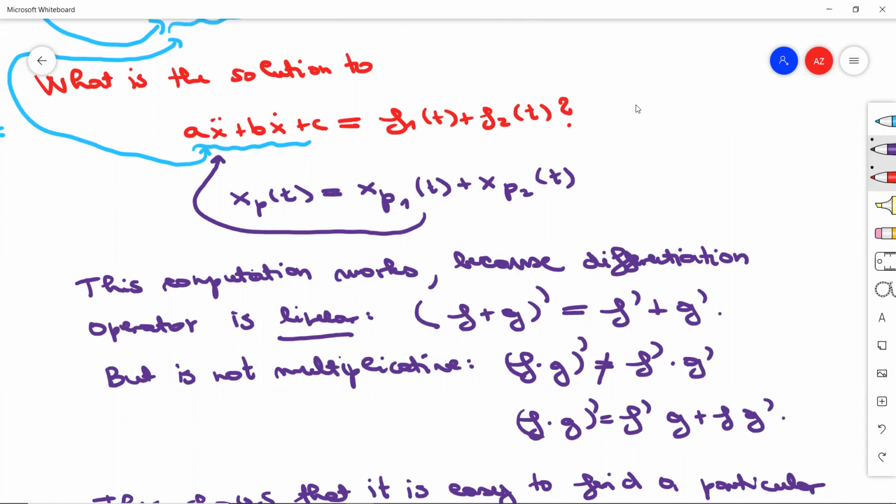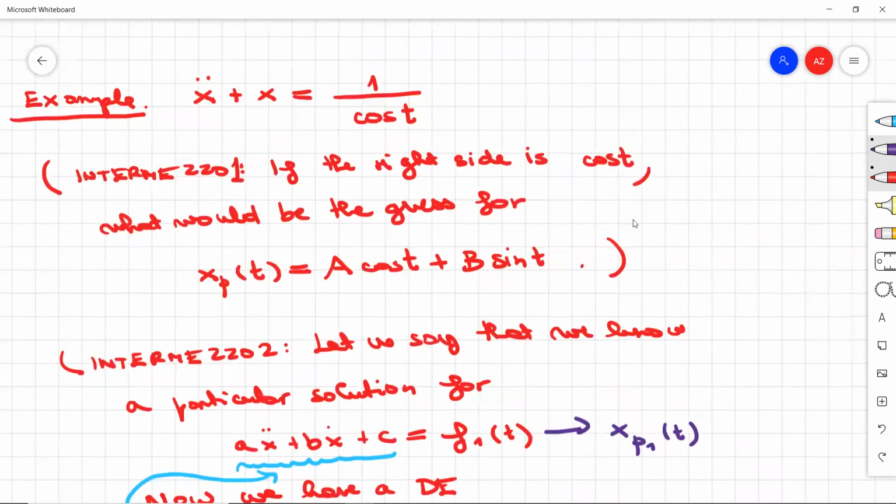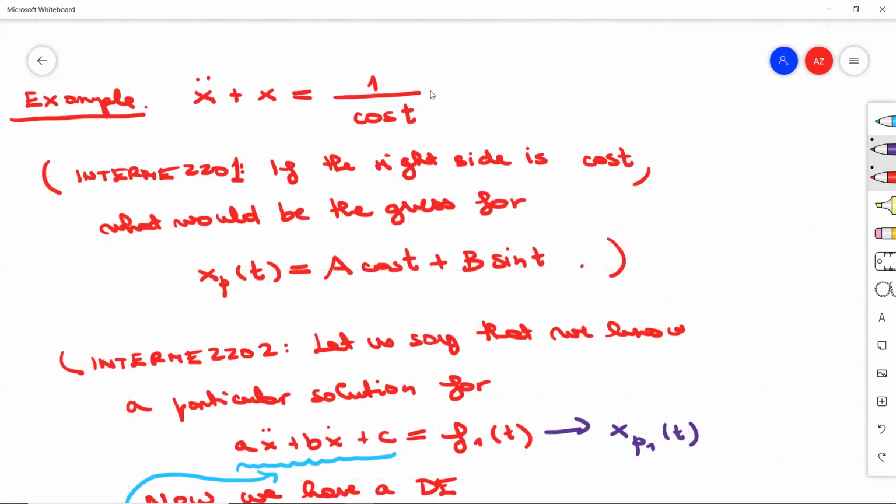Okay, now let's return to the example above. In this example, as a non-homogeneous part, we have 1 over cosine of t. So it's difficult to figure out without any computation what's the appropriate form of x.